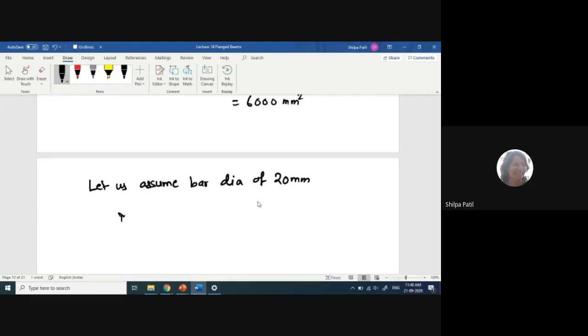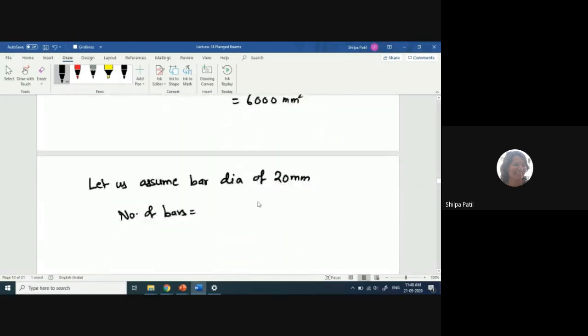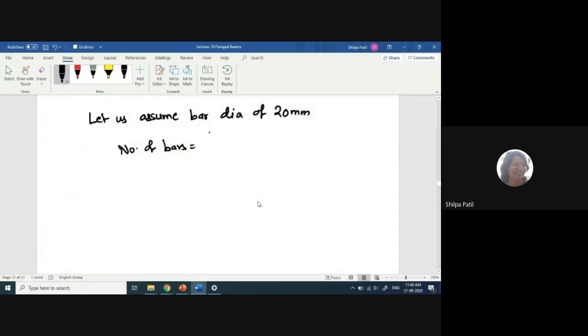Now I will calculate the number of bars: the area is 1657.39 divided by the area of the single bar, pi d square by 4. Tell me the number of bars. 5.27. It means I have to provide 6 bars.